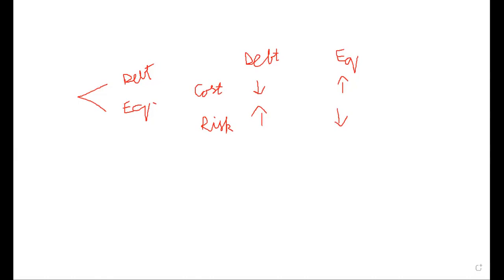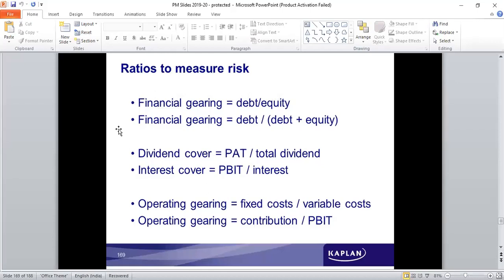Coming to the next set of ratios, which are capital structure ratios or risk ratios, or we also call them as leverage ratios, solvency ratios. These are all terms which are used for that.